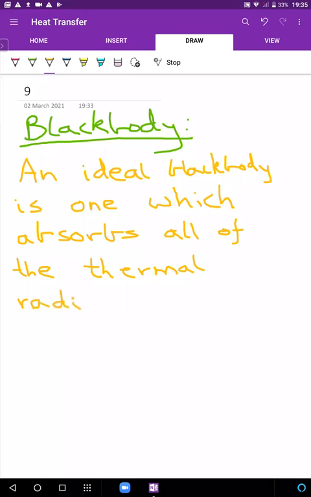So in that case, if you remember the last class, we mentioned some terms: absorptivity, reflectivity, and transmittivity. What will their values be for an ideal black body? Very nice. So your absorptivity therefore has to be 1.